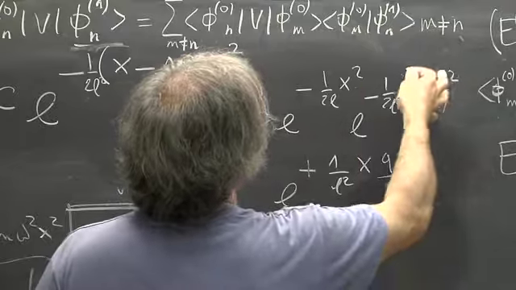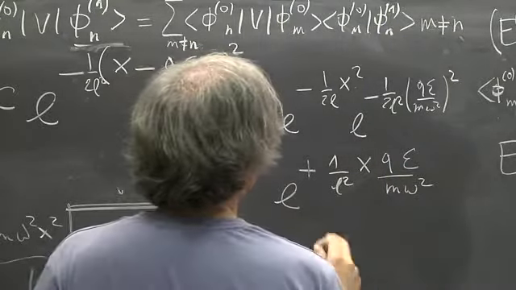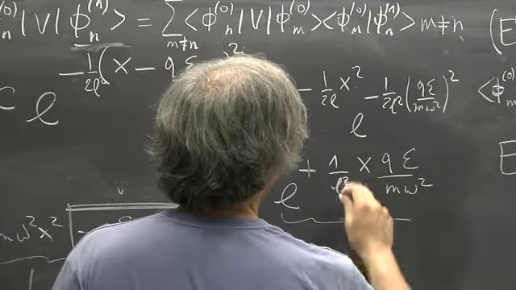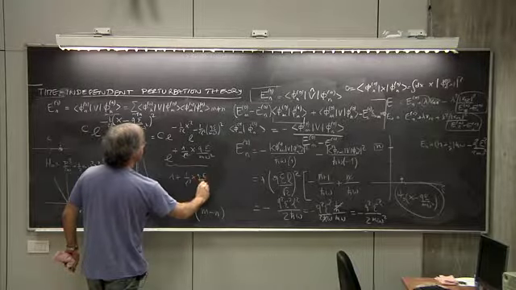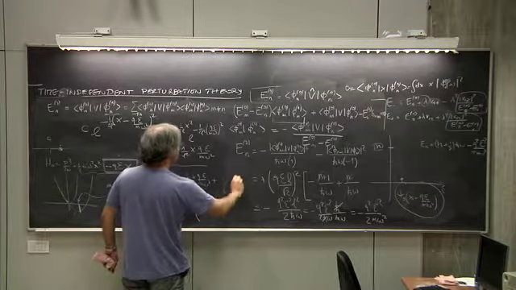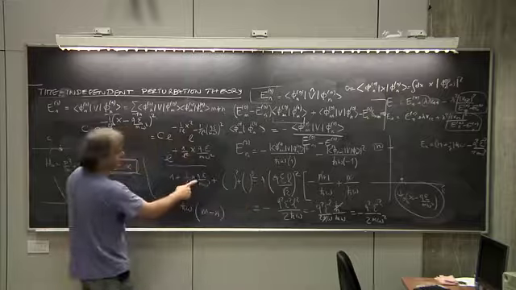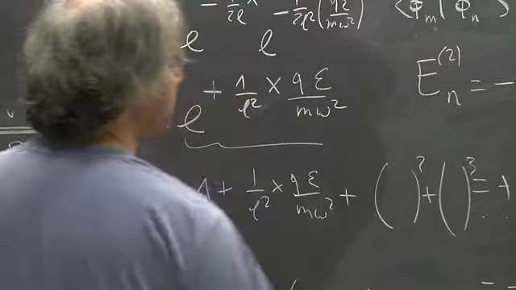Now I can expand. Forget about this, it is just a coefficient in front. I can expand this, and I get 1 plus 1 over L square x q epsilon over m omega square, plus the square of this plus the cube, and so on and so forth. So you see this is order epsilon, order square of the electric field, cube, and so on.